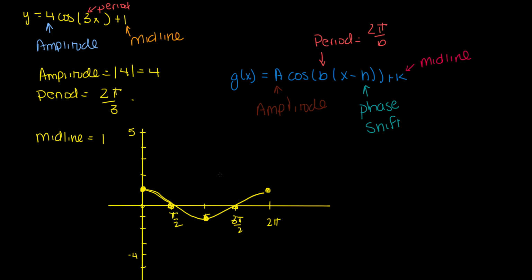Now we're looking at a period of 2 pi over 3. Thinking of pi, pi is also 3 pi over 3, so 2 pi over 3 would be somewhere around here, and pi over 3 around here. I'm dividing that into 3 pieces, and this whole structure needs to fit into this little area. I'll pick a different color.